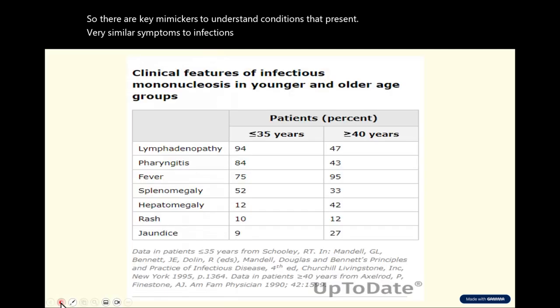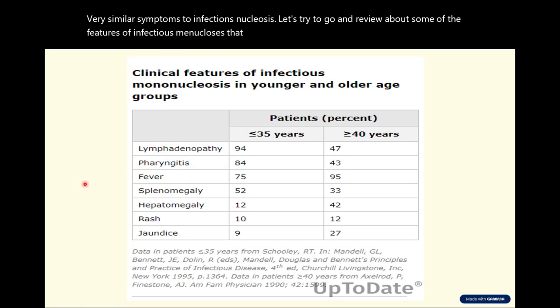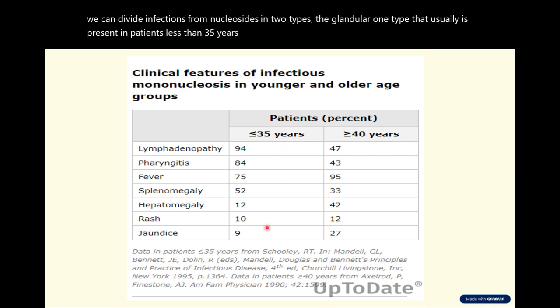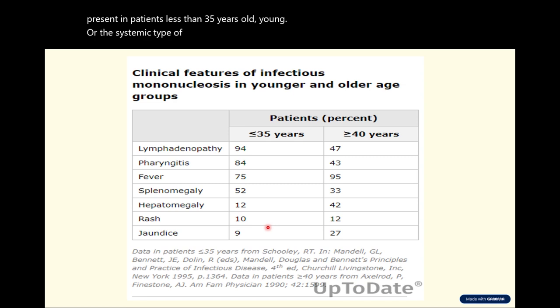Let's review some of the features of infectious mononucleosis that are present in younger and older groups. Mainly, we can divide infectious mononucleosis into two types. The glandular type is usually present in patients less than 35 years old, young patients, or the systemic type of infectious mononucleosis usually presents in patients over 40 years.